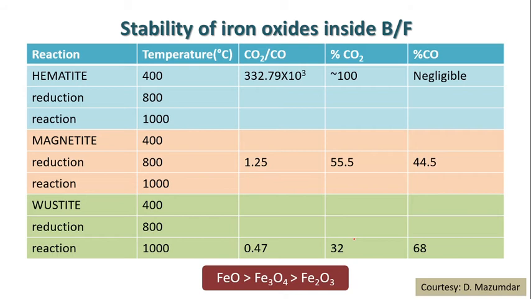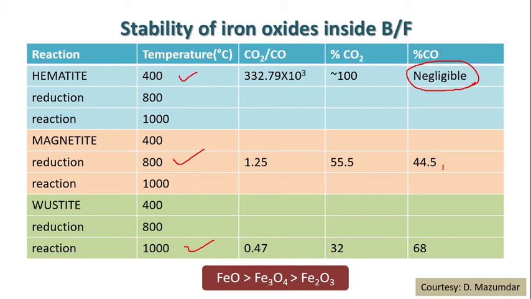What we have calculated is for 400 degrees centigrade for hematite, 800 degrees centigrade for magnetite, and 1000 degrees centigrade for Wustite. From this data we are able to analyze that a negligible amount of carbon monoxide is sufficient to reduce hematite at 400 degrees centigrade.